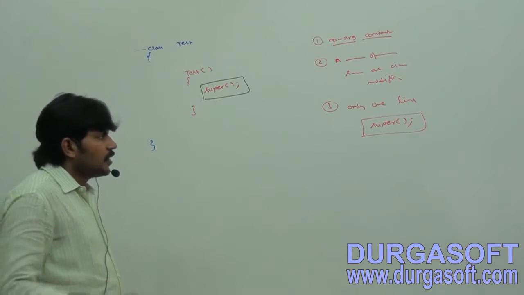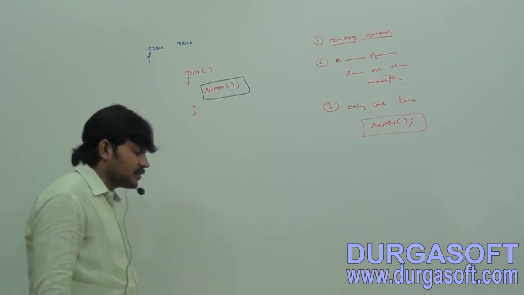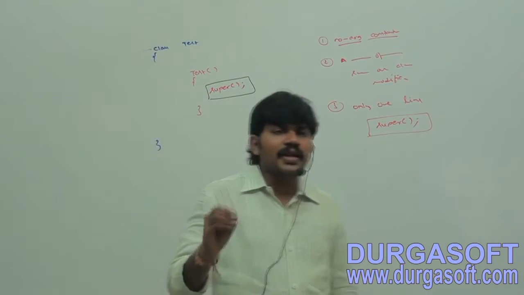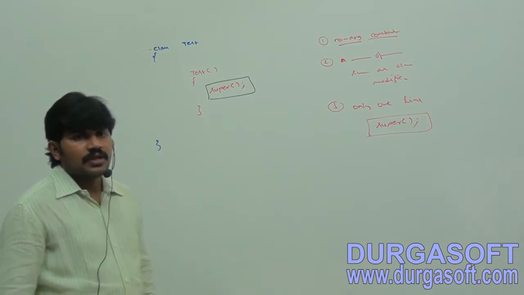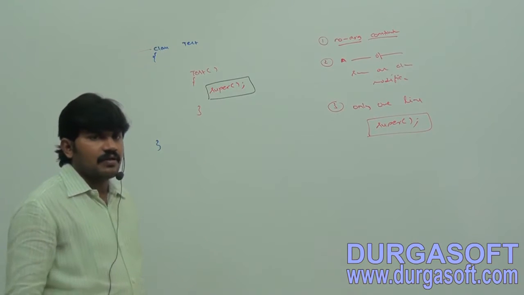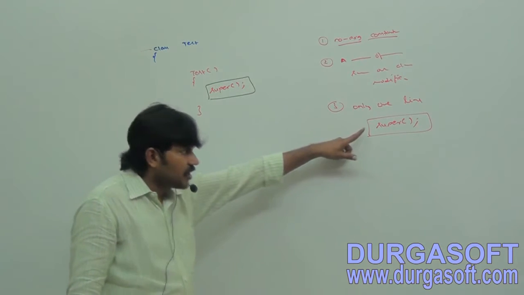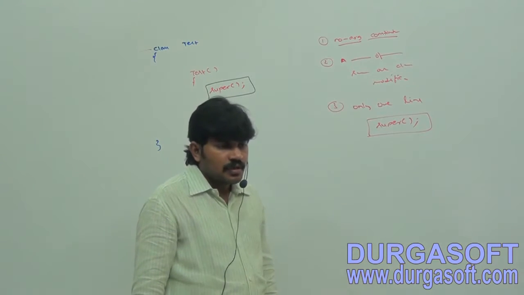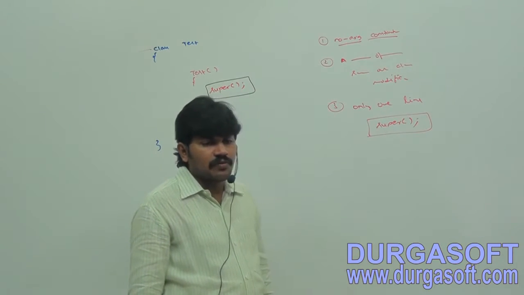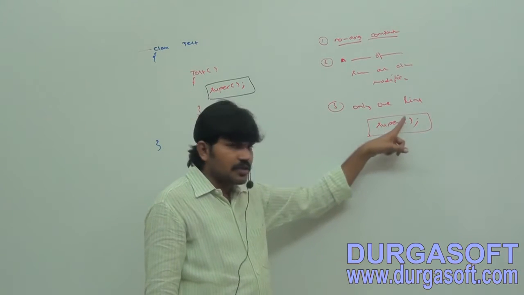Third one: it contains only one line. What is that line? super(); better to highlight this one within the box. It contains only one line, super(), highlighted within the box.